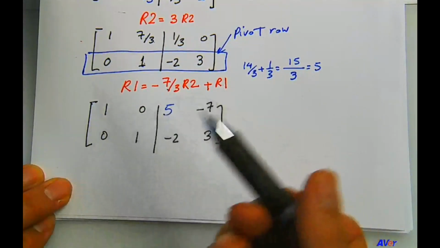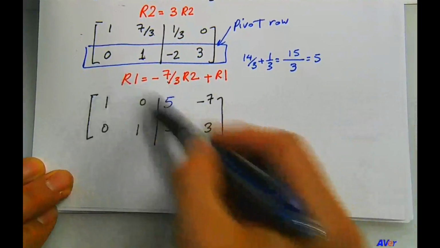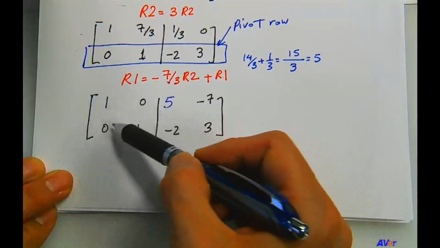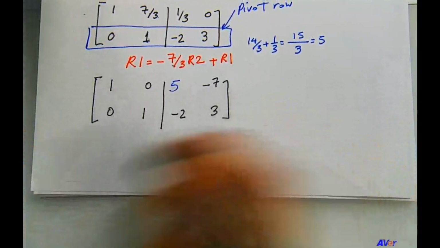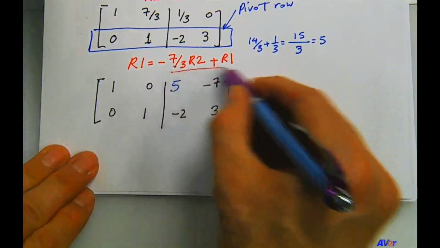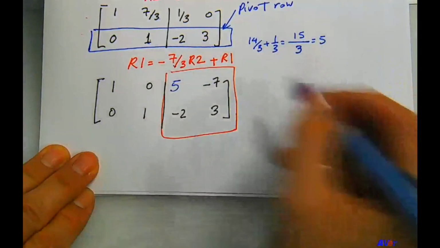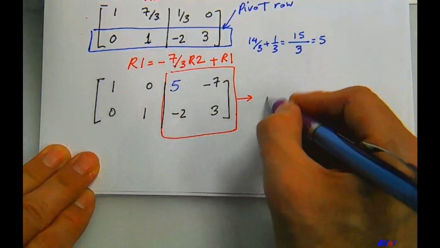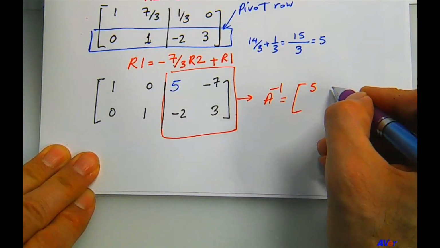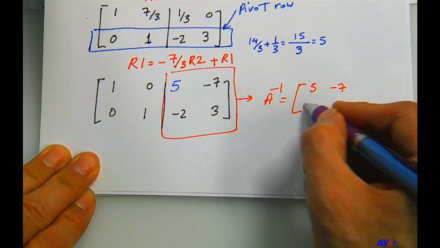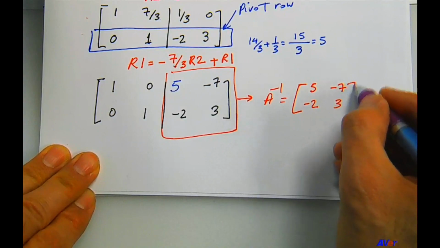So compare this with the identity matrix. We have achieved our goal of converting the left side to the identity matrix. Therefore, whatever we have on this side is the inverse matrix. So the inverse matrix in this case is equal to 5, negative 7, negative 2, 3.